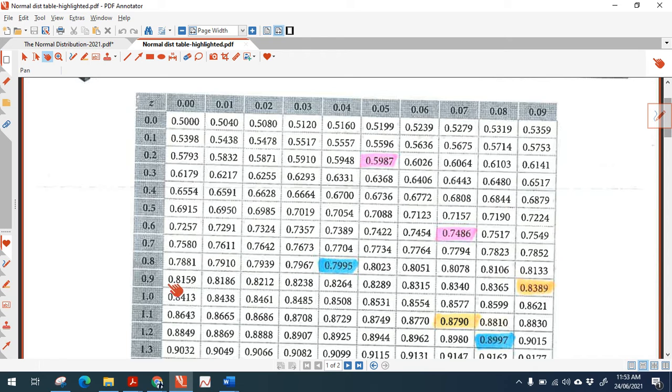So if you come across here to 0.9, you can see 0.8389 is actually the closest to the 0.84 that we want. It's closer than that, and it's also closer than 0.8413. So this is the closest we're going to get. So 0.8389 is what we're looking at, and our z-score which corresponds to that is 0.99.